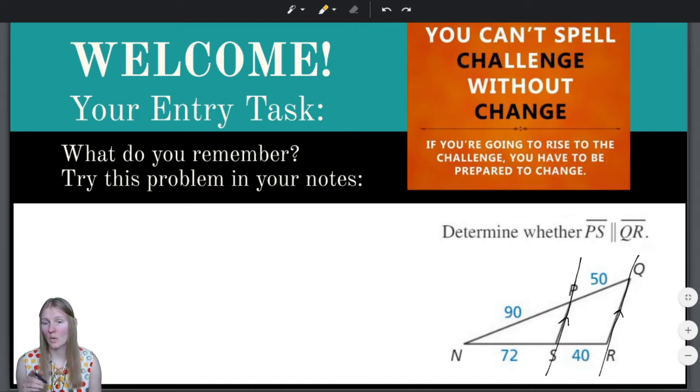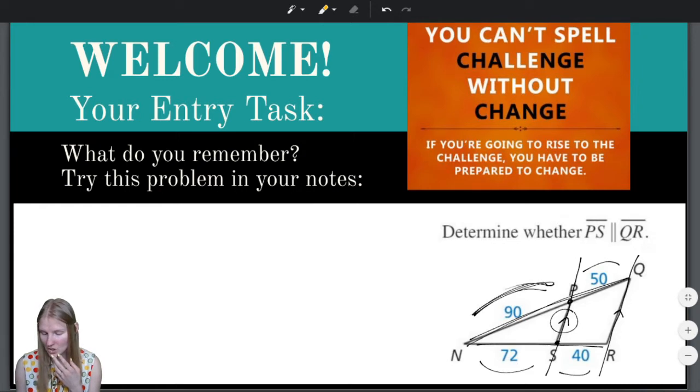And I know the Triangle Proportionality Theorem says if these are parallel, then PS will cut both of these sides into segments that are proportional. So the ratio of the segments created by P of one side will be equal to the ratio of the lengths that make up the other side.